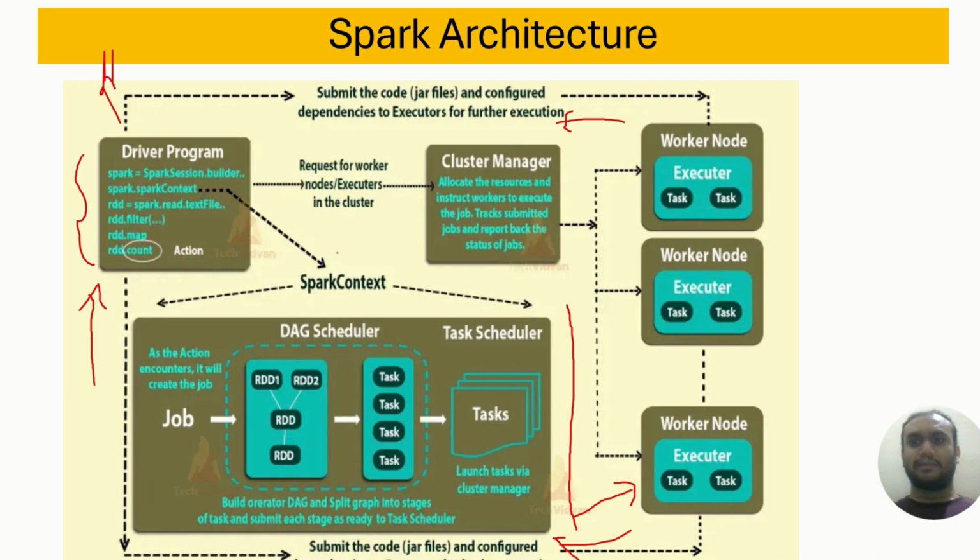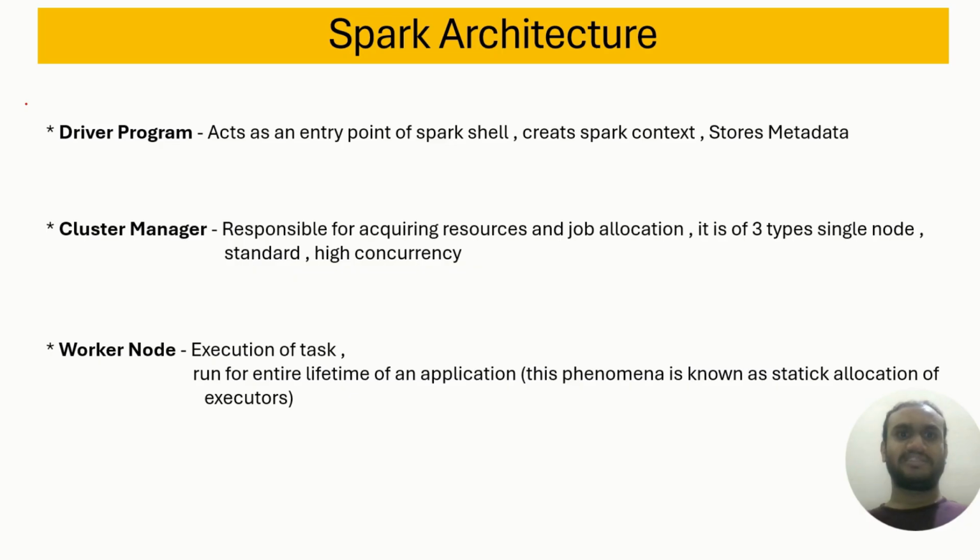We can see there are multiple terminologies here: task, executor, DAG scheduler, jobs, Spark context and more. We are going to cover all of these in the upcoming videos. The driver program is the entry point of the Spark shell. It creates a Spark context and stores the metadata. The driver is the first point of contact for any application. The cluster manager is responsible for acquiring resources and job allocations, meaning which chefs are available.